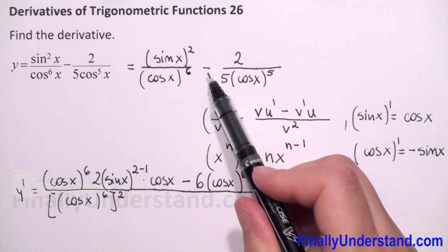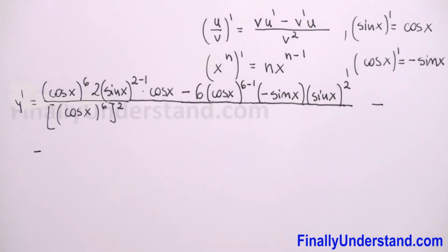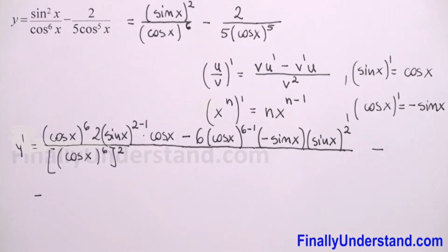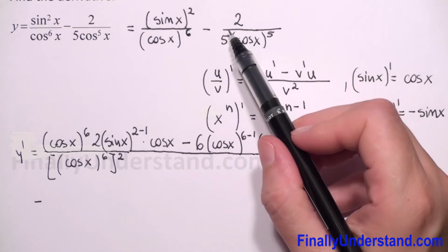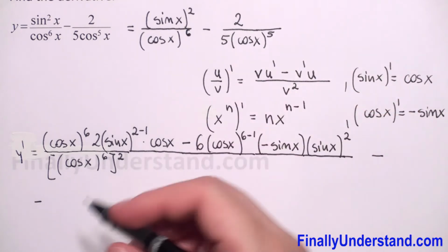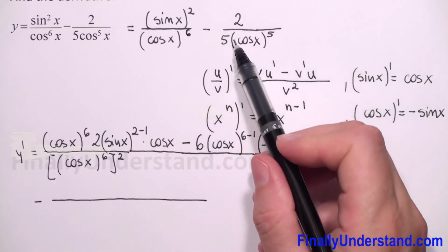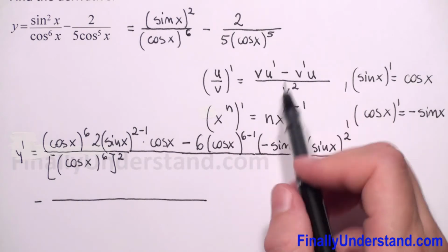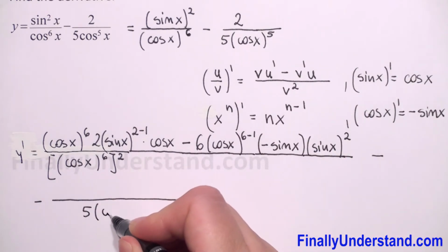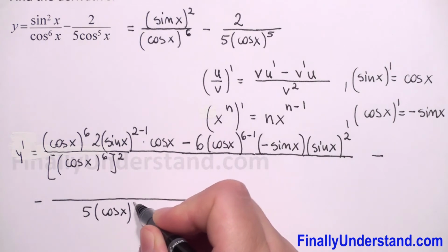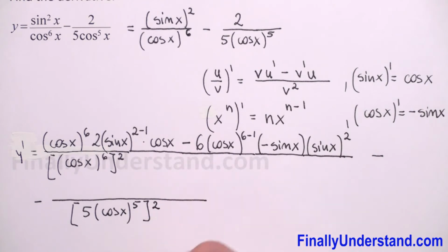Now we have minus, and we have to find the derivative of the next expression. Again we use the quotient rule. The denominator we just copy and take to the second power, so we have 5 times cosine of x to power 5, everything to power 2.